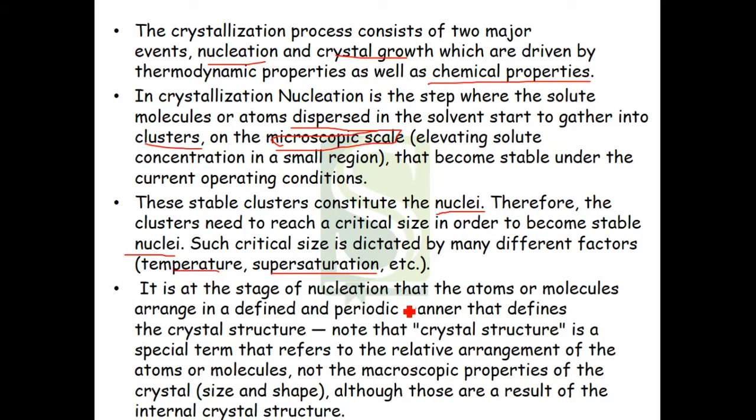So it is at the stage of nucleation that the atoms or molecules arrange in a defined and periodic manner. Okay, that is the crystal lattice. It starts to form at the very basic stage of nucleation. Okay, so this lattice defines the ultimate crystal structure.